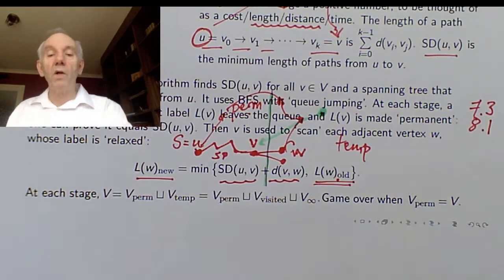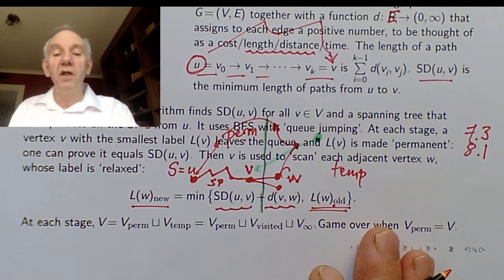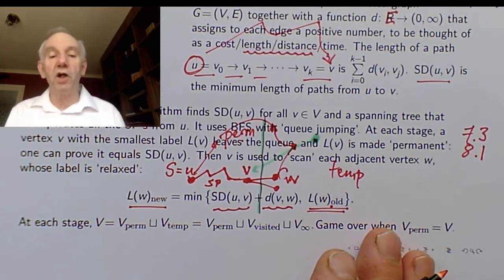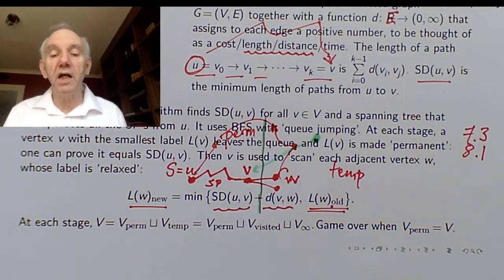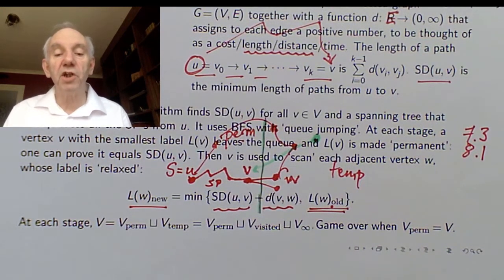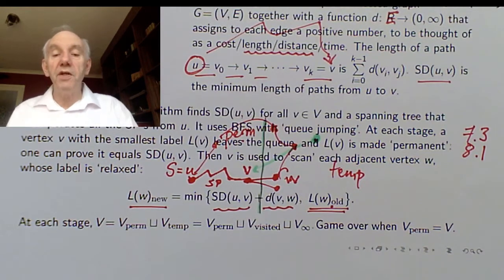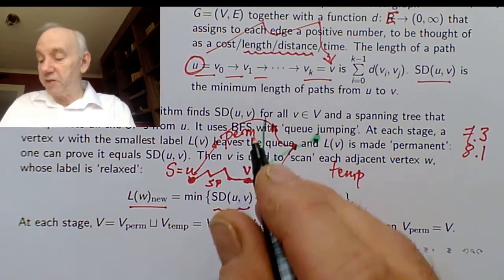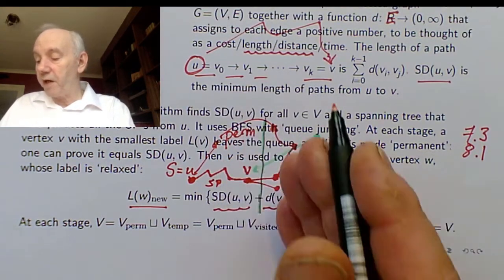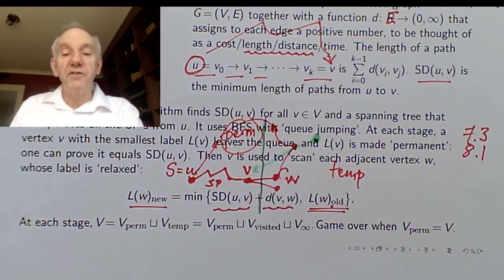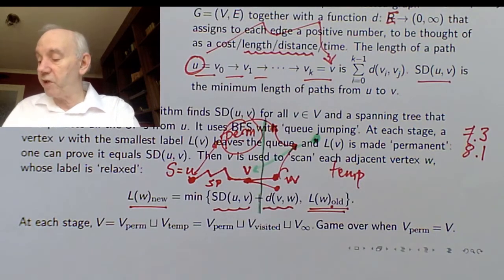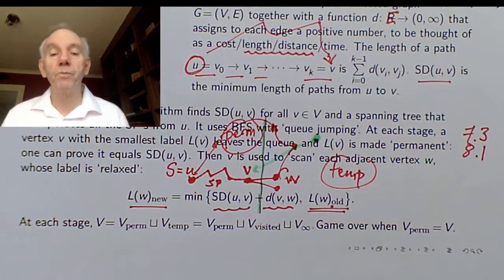So what does that mean about the set of vertices? Well, at each stage of the game, we've divided the vertices into two disjoint subsets. There are the permanent vertices, which I think of as on the left-hand side, and the temporary vertices on the right-hand side.